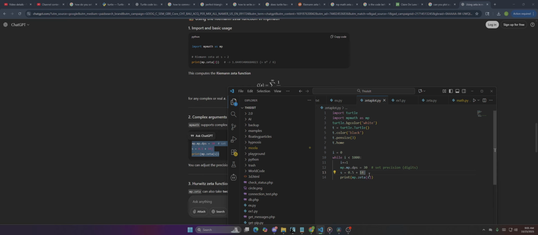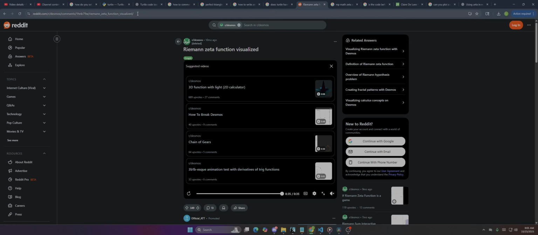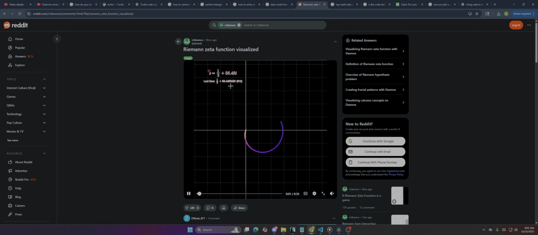And then we do s. Wait. s plus equals 1j. Is that actually how you do it? So then it increases, but in this it increases by decimal.